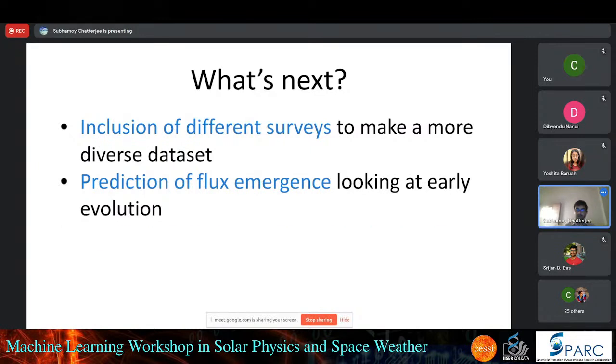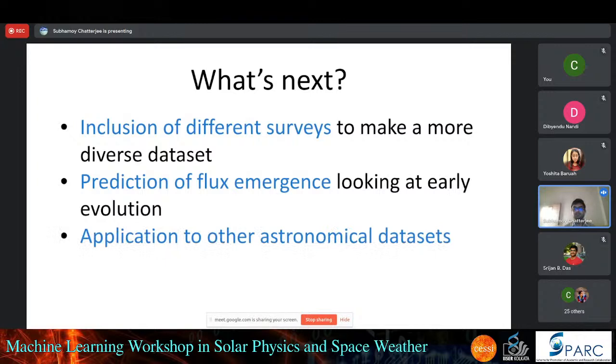And we would also like to see how general this approach is, apply it to other astronomical data sets, and see if we can iteratively improve the labeling of data sets in astronomy which are crudely labeled.